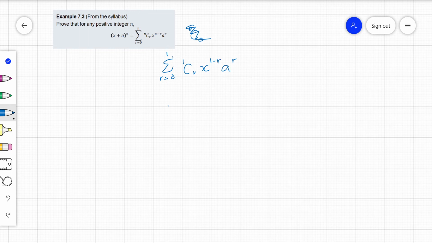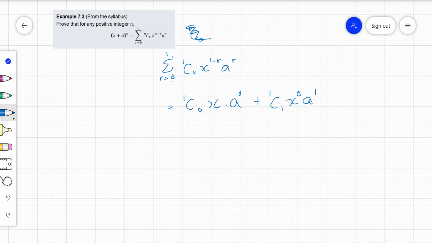If I make r 0 first of all, I've got 1 choose 0, x to the 1 times a to the 0, plus 1 choose 1, x to the 1 minus 1, so 0, and a to the 1.